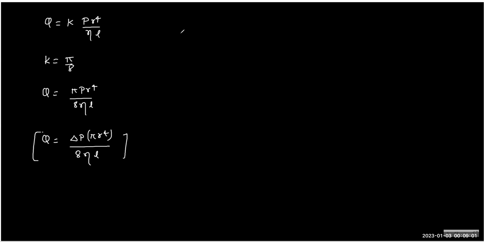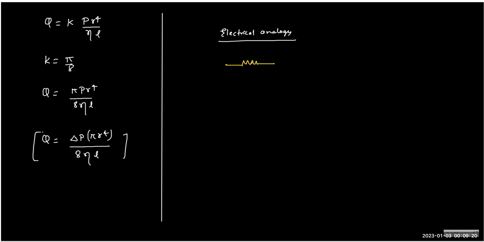Now, this we can always compare with the electrical analogy. Although I have taught this, it is again an opportunity to revisit. If we talk about a resistor, then the potential difference is the cause behind the current flow, right? So current is the charge flow rate, which we write as potential difference upon resistance.